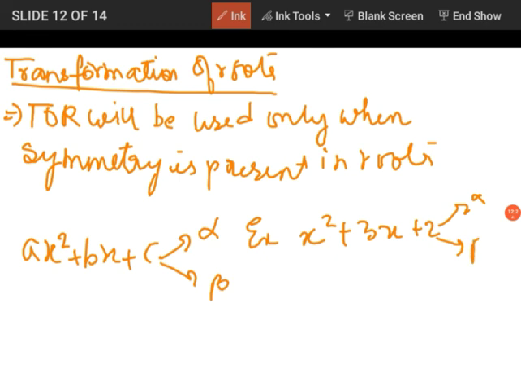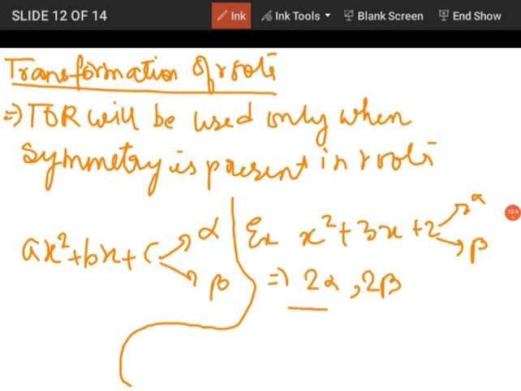You can obviously find alpha and beta, that's not something to be proud of. Now say you are asked to find an equation whose roots are 2 alpha and 2 beta. You can obviously do this with Vieta, no issues, but I am trying to make you understand transformation.